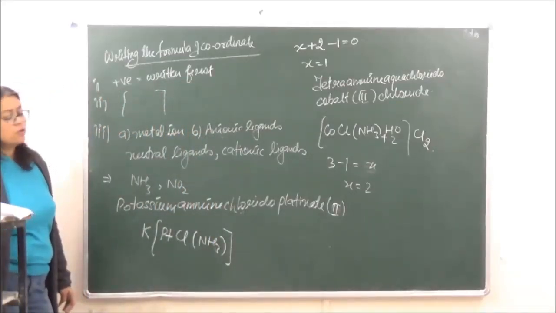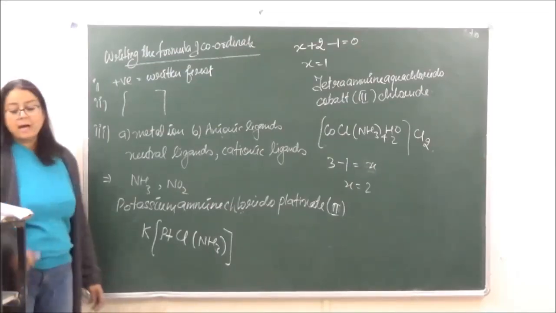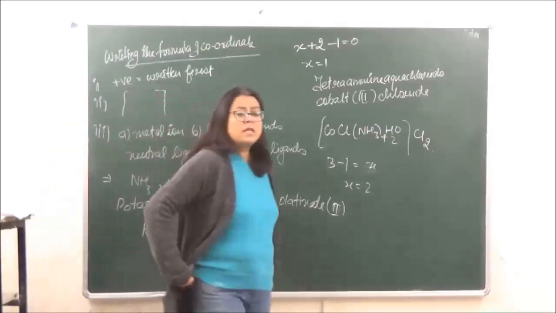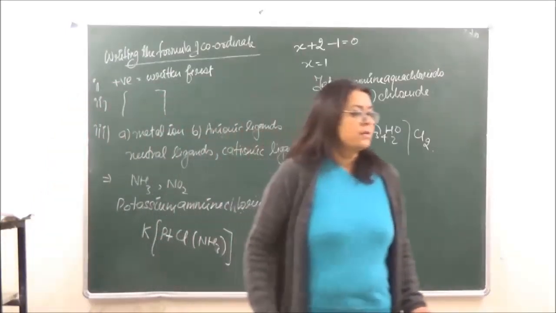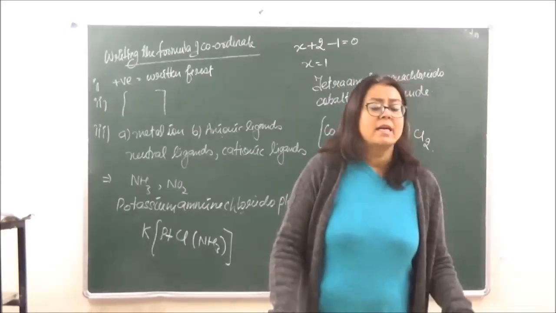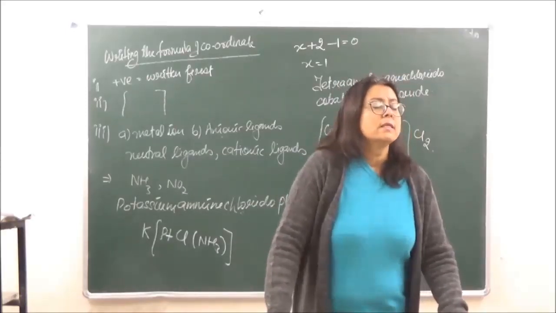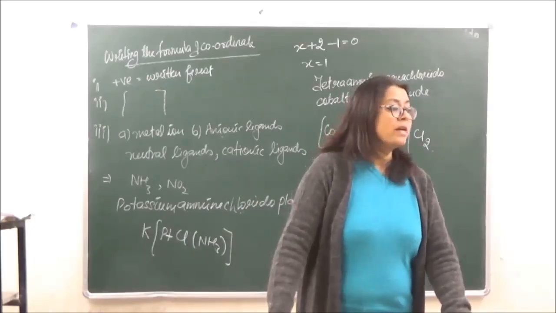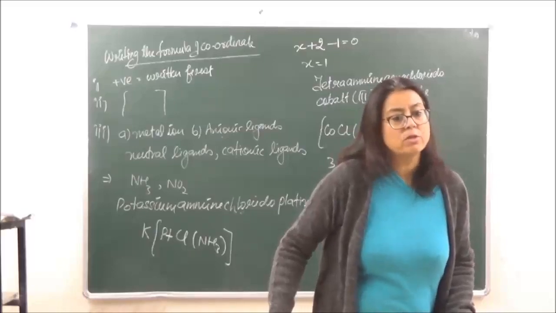So this is how you need to calculate the number of counter ions which are present. तो ऐसे आप formula लिखते हो. This is all about IUPAC nomenclature over here. Tomorrow, the next class which we are going to take is going to be of क्या बोलते हैं उसको, Werner's theory and isomerism in coordination compounds. ठीक है?